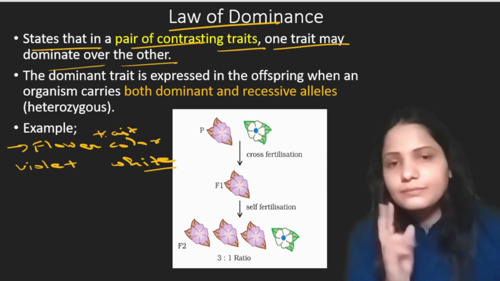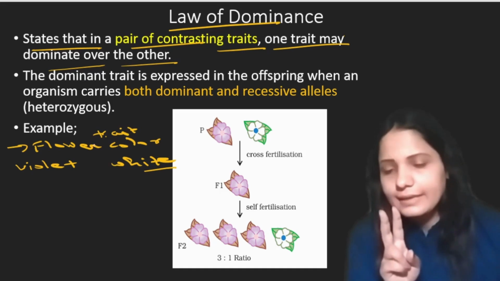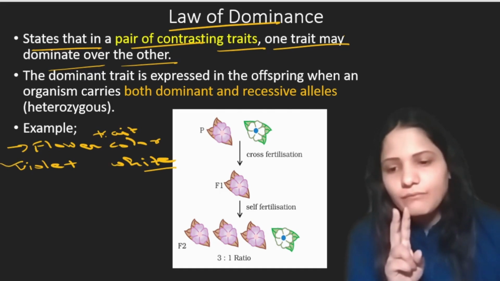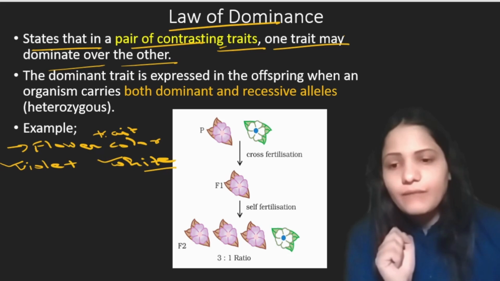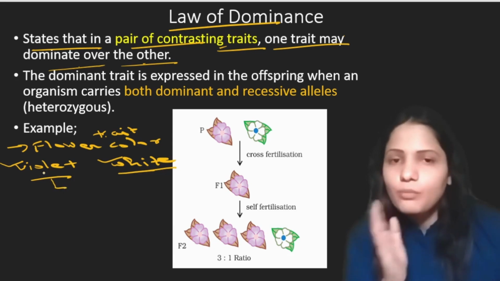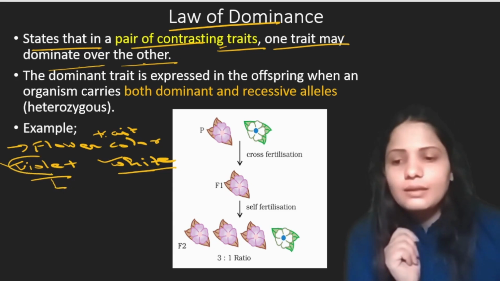In flower color we have a pair of contrasting traits: violet color and white. One trait may dominate over the other. This is a trait, this is also a trait, but out of these one will dominate over the other. One will be expressed in the presence of the other.